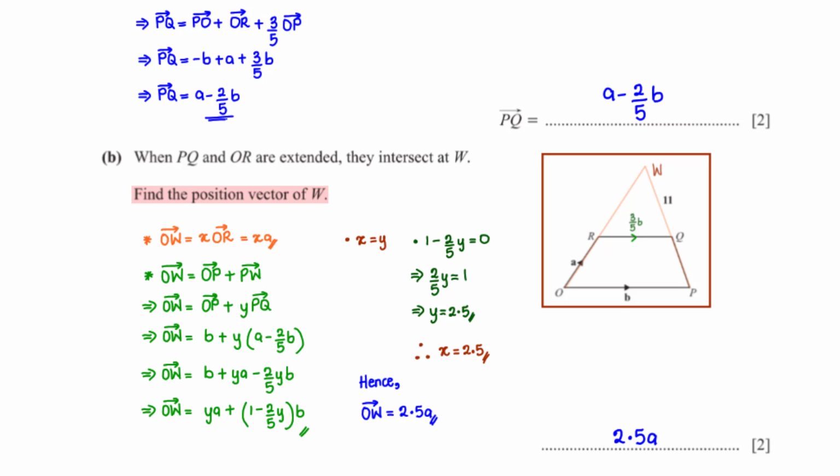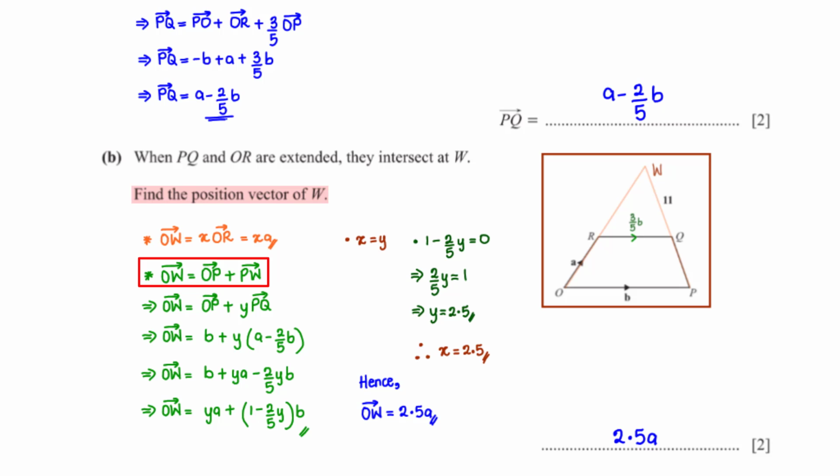One of the two ways we can express the vector OW is as a scalar multiple of the vector OR. If we call this scalar multiple x, then we have OW is equal to x times OR. OR is A, so we have xA. The second way we can express the vector OW is OP plus PW.